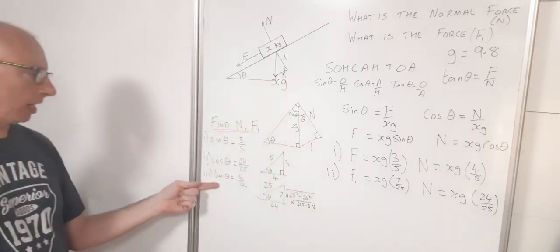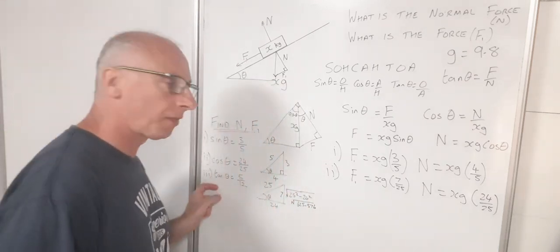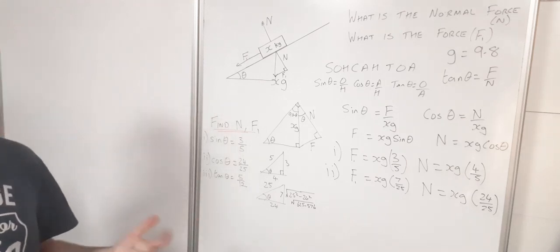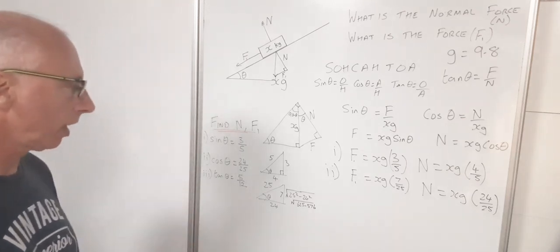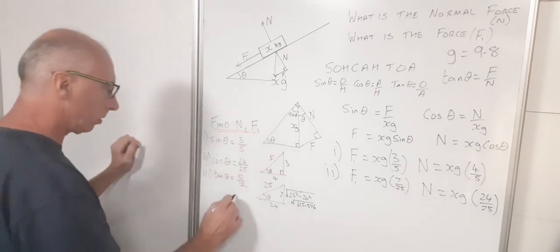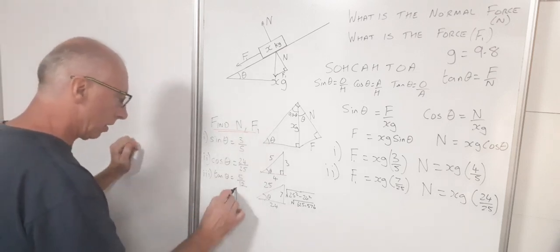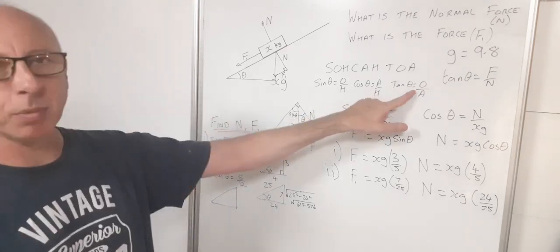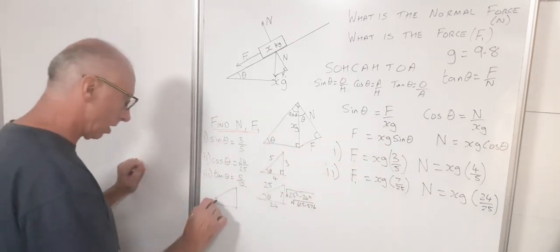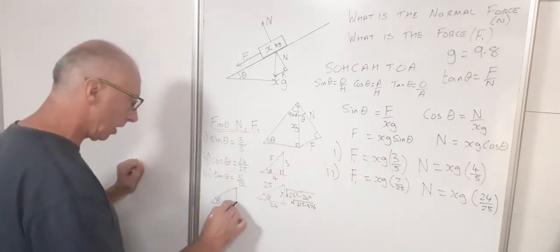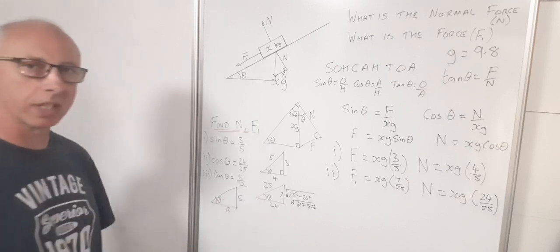Now part 3, tangent theta equals 5/12. Again, I don't know anything about sine theta or cosine theta, so let's draw another triangle. Tangent is opposite over adjacent, so 12 is the adjacent, 5 is the opposite.